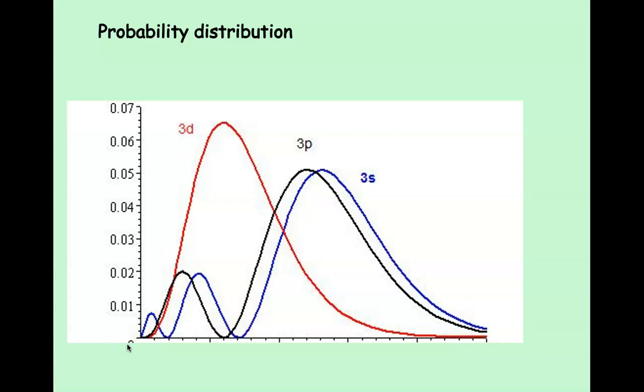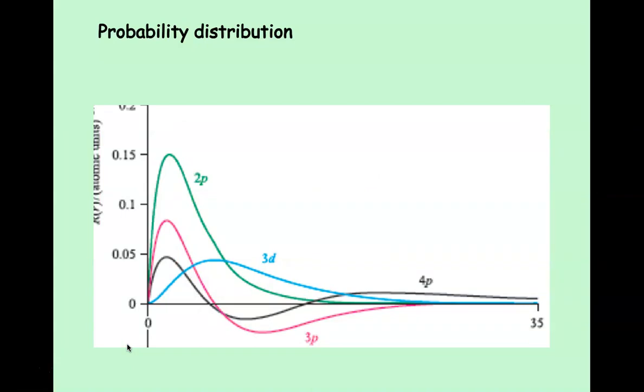D electrons do contribute to shielding overall, but if you're comparing s and p to d, d are much less in their shielding, because as you can see here, the d electrons have only one area of probability, where the s and p have multiple areas of probability of finding an electron to behave as a shield. Questions on this? Okay.